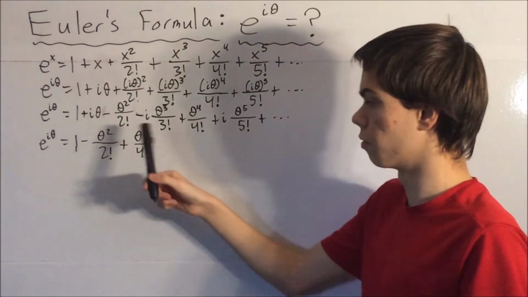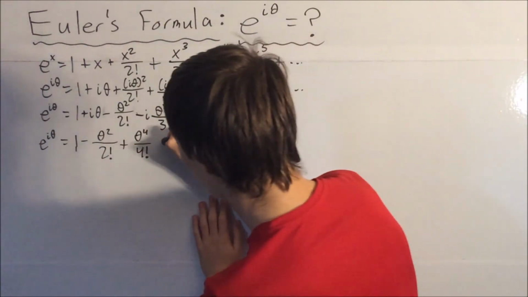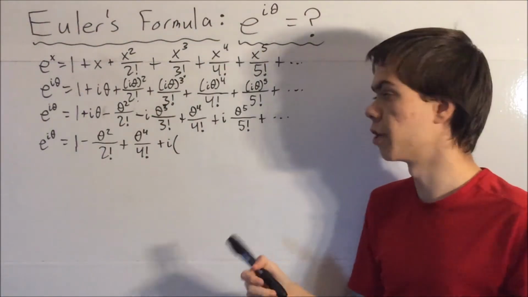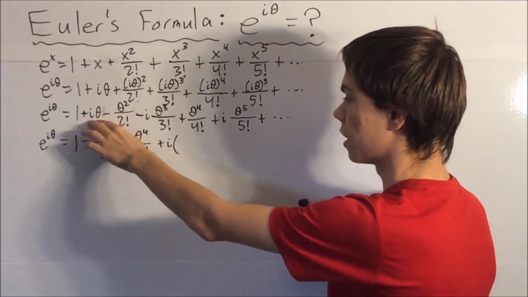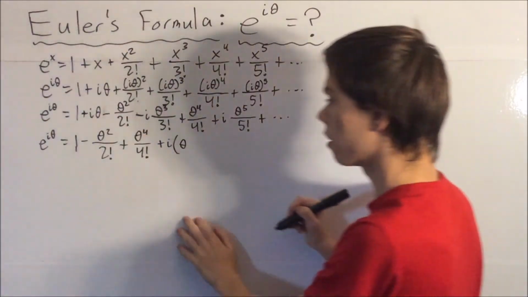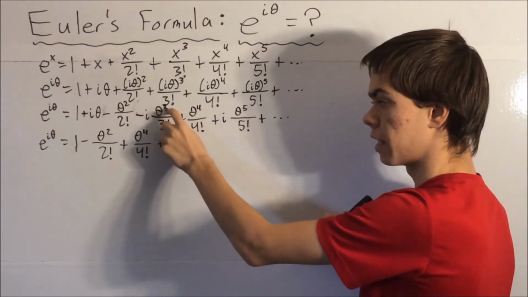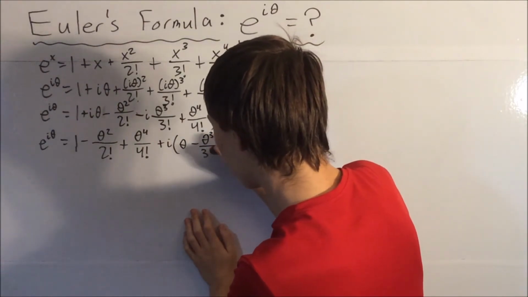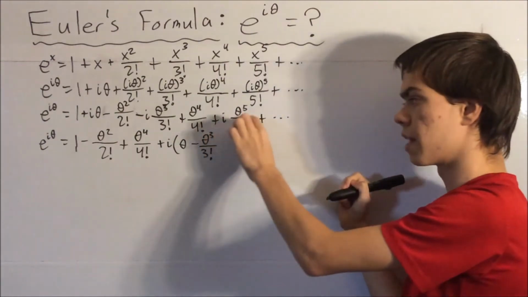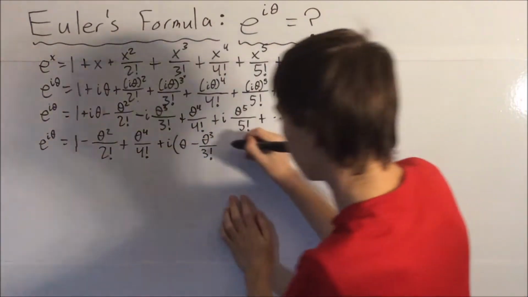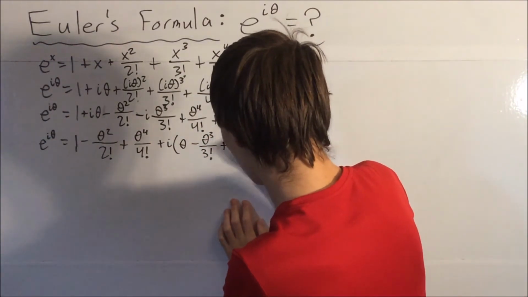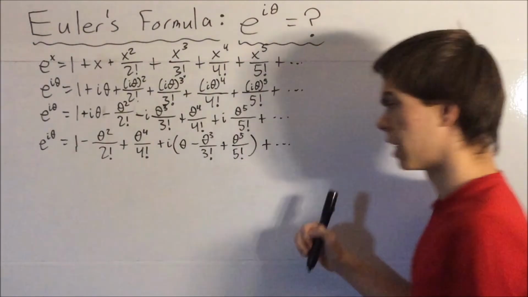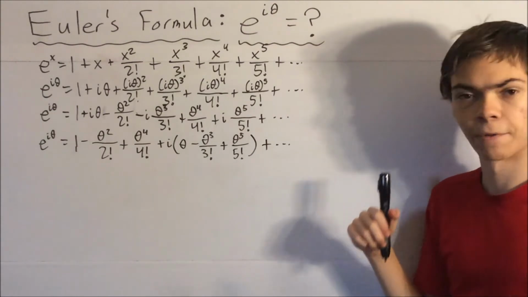So in this case, we are going to have plus i times, I'm going to factor out the i for the imaginary components. So we have i times theta minus theta cubed over 3 factorial, and then plus theta to the 5th over 5 factorial. And it keeps going on like that forever and ever.